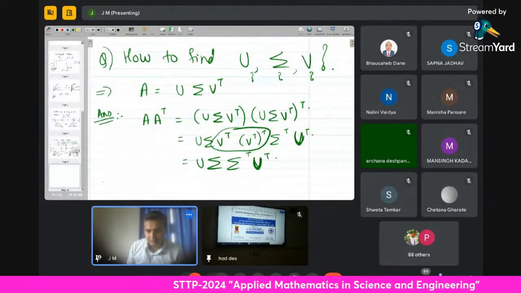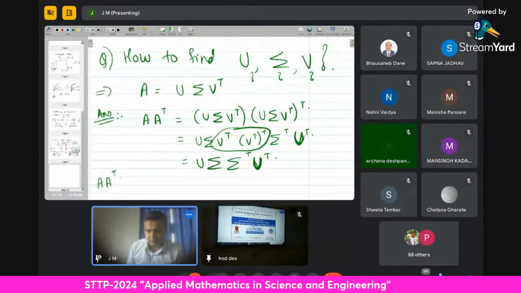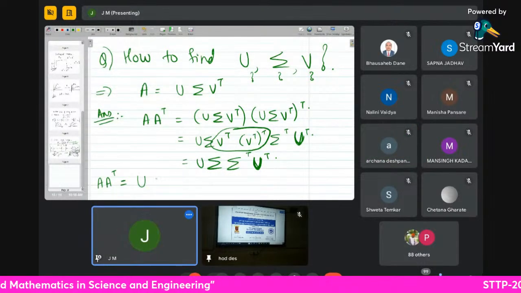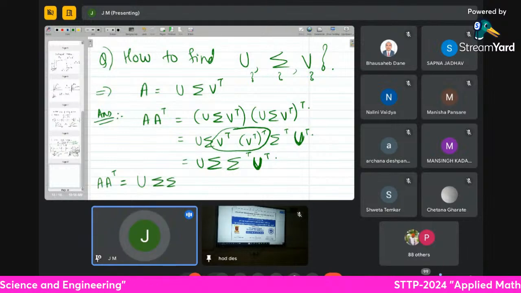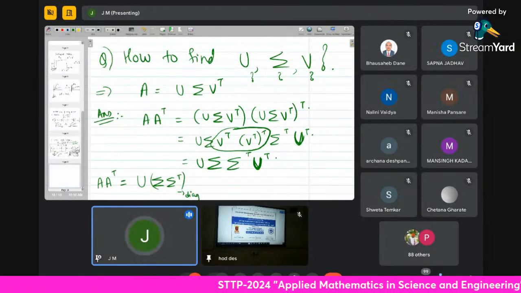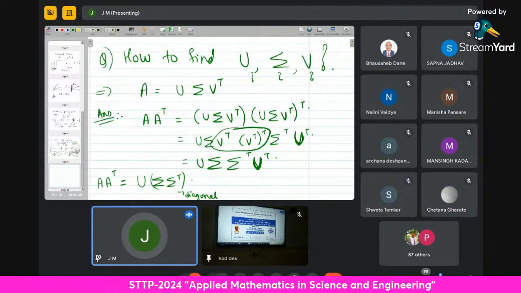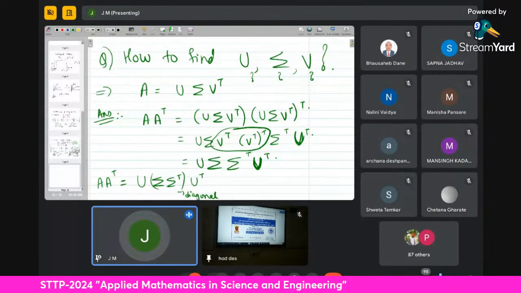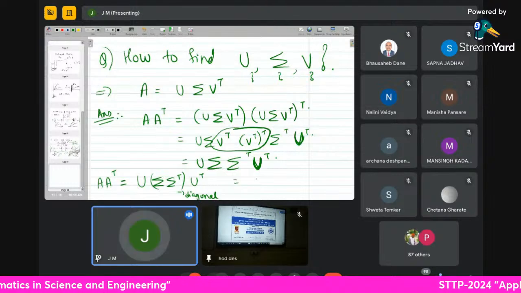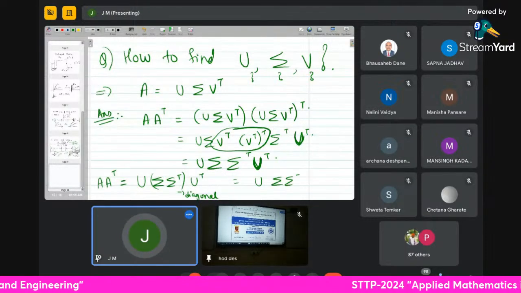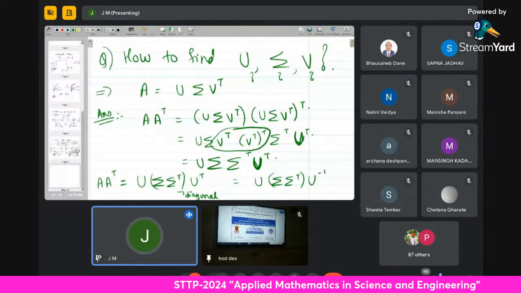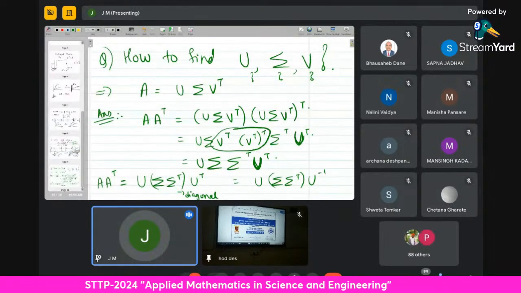So if I consider A transpose A, I'm getting U sigma transpose sigma U transpose, where sigma transpose sigma is a square matrix, and to be precise a diagonal matrix. So now we are coming back to the world of diagonalization.